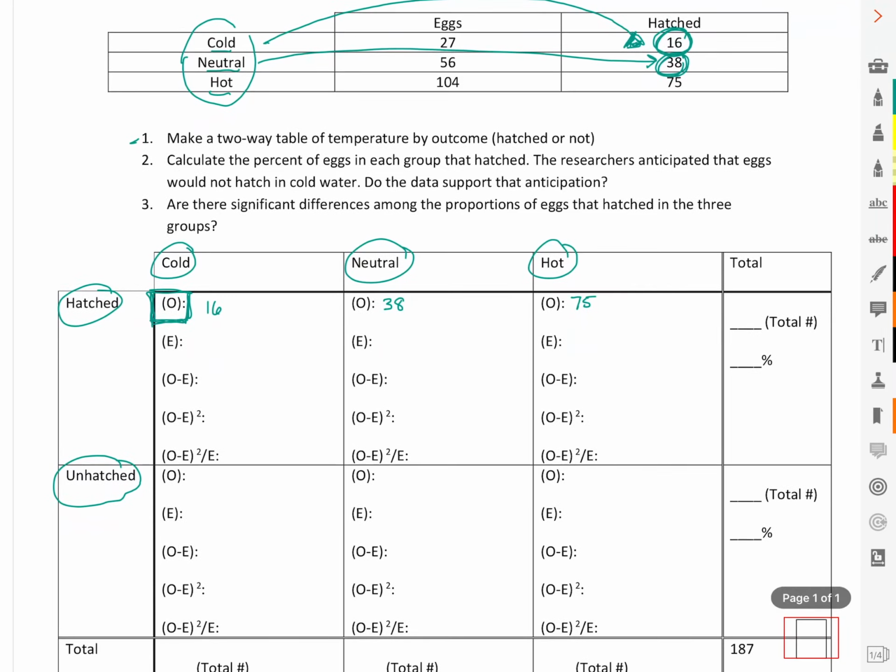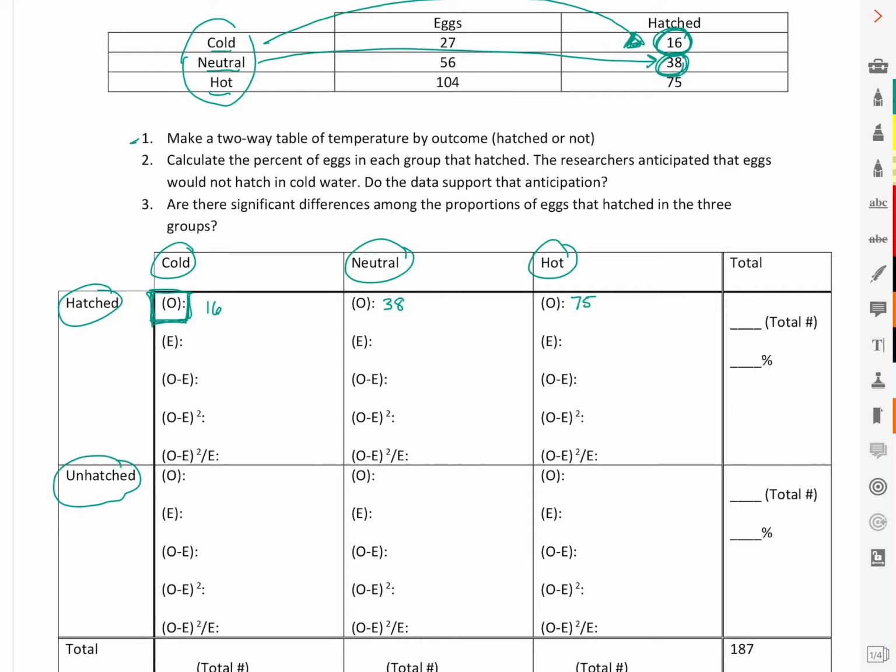Okay, so now I'm going to fill in these other columns. Let's go to the cold unhatched. My question for you is, what number do we put in there for the observed? Pause the video, fill in a number, and then unpause the video.